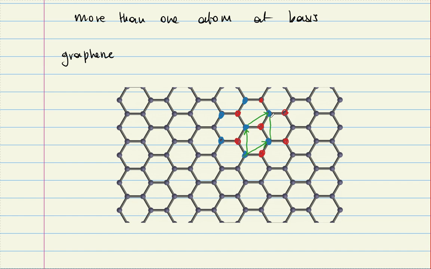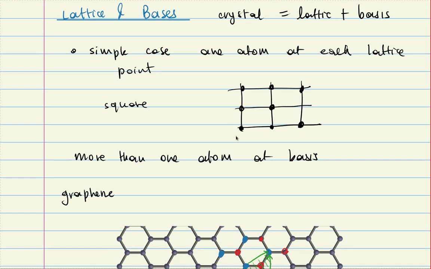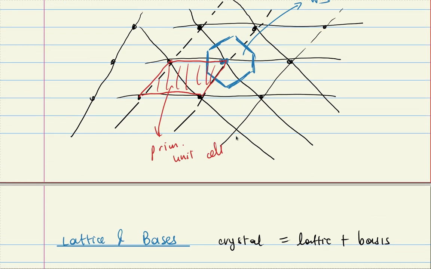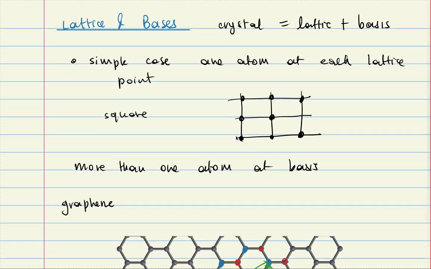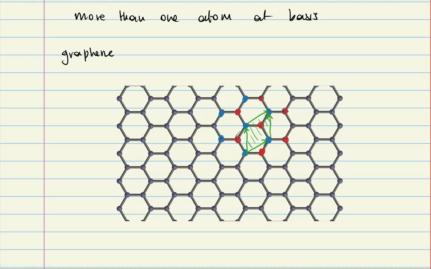And you can see this diamond is exactly the unit cell of a triangular lattice, right? We have two triangular lattices on top of each other, a blue triangular lattice and a red triangular lattice. And the red triangular lattice is shifted to the center of the blue triangular lattice, right? That's graphene. That's the lattice structure.